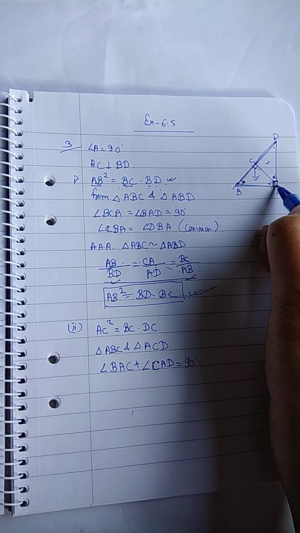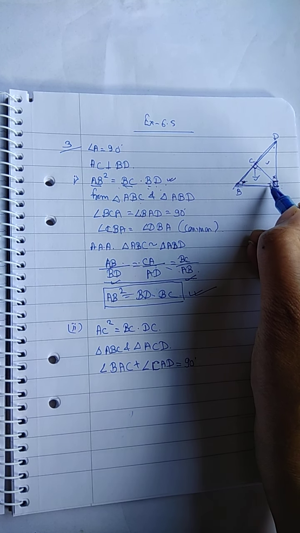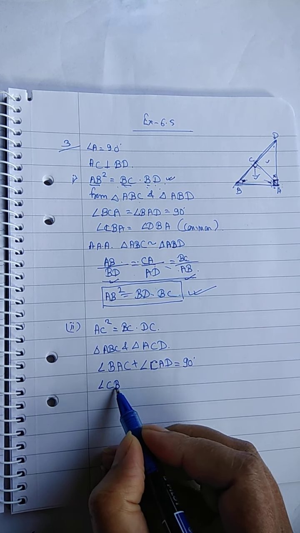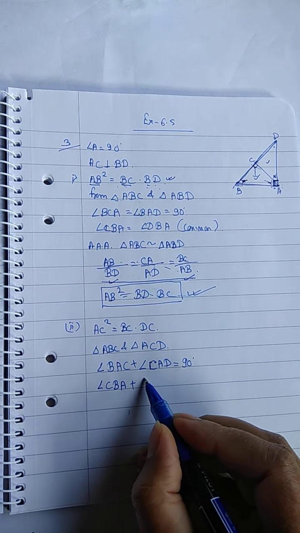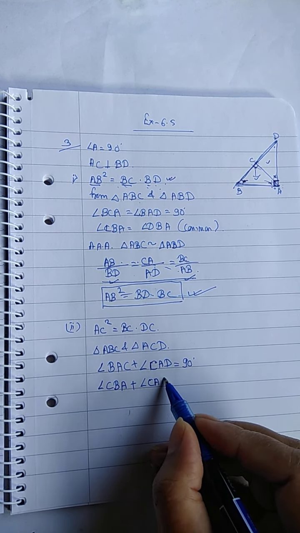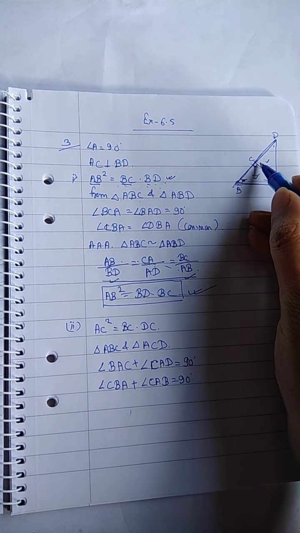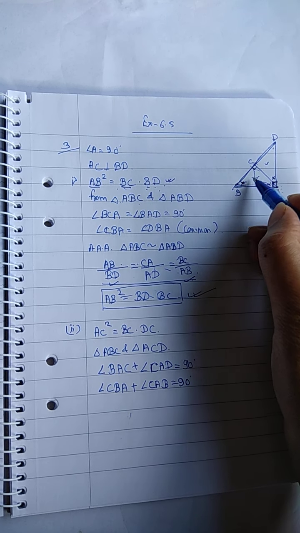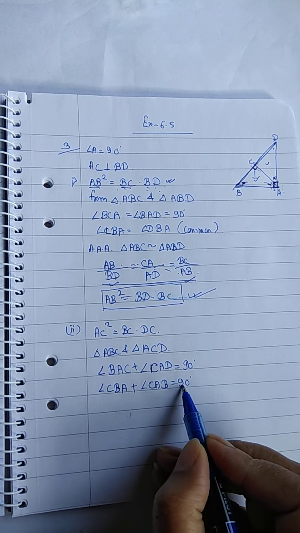Now in this triangle, this is 90 degrees, that means angle CBA plus angle CAB equals 90 degrees. I already explained why: because the sum of the three angles is 180 degrees, so 180 minus this 90 means the sum of these two is 90 degrees.